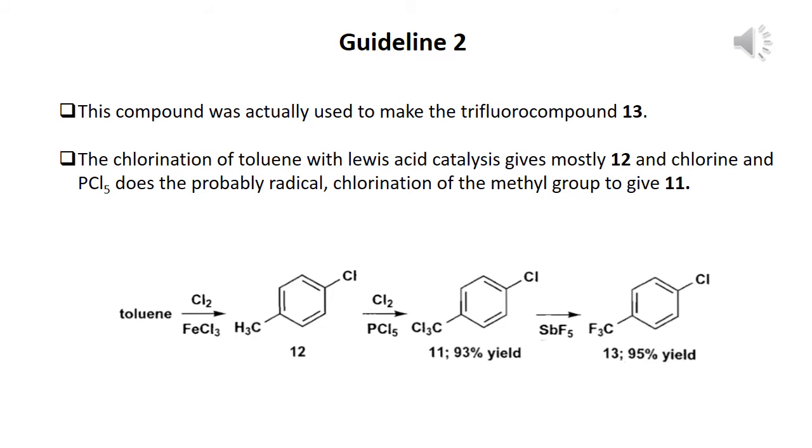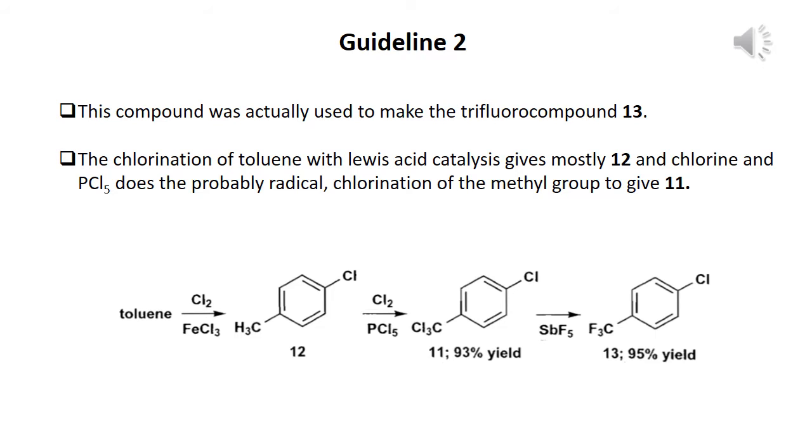Toluene by chlorination has been converted into chlorotoluene, and then by chlorination in the presence of PCl5 we got the chlorination of this methyl which is attached on the aromatic ring, the methyl of toluene. So we have converted the CH3 into CCl3. From 12 we have obtained 11. The yield was 93%.